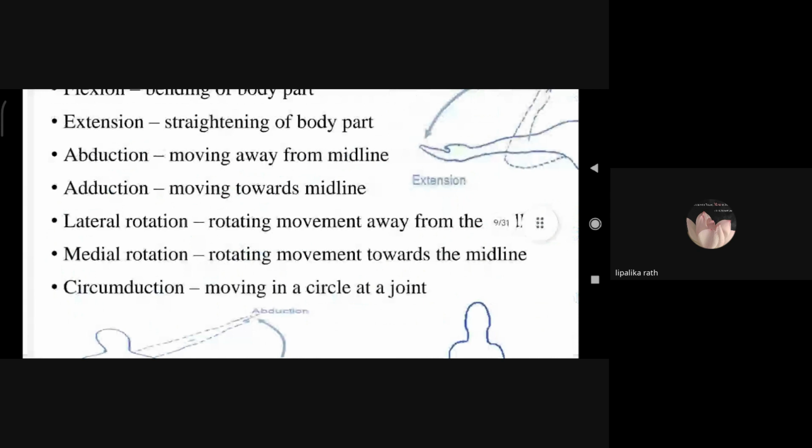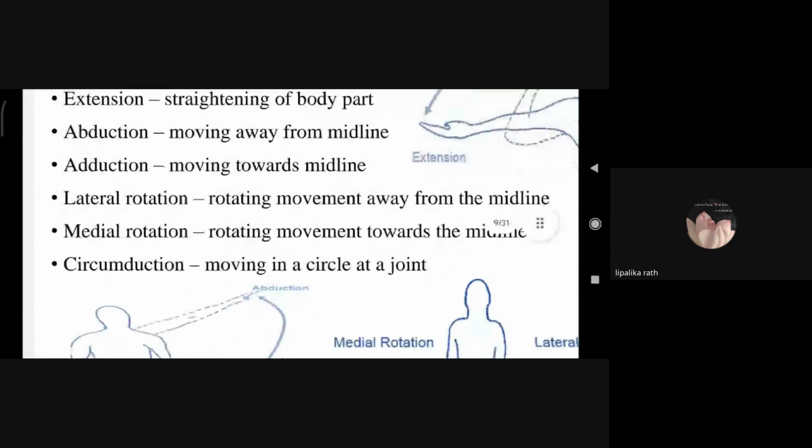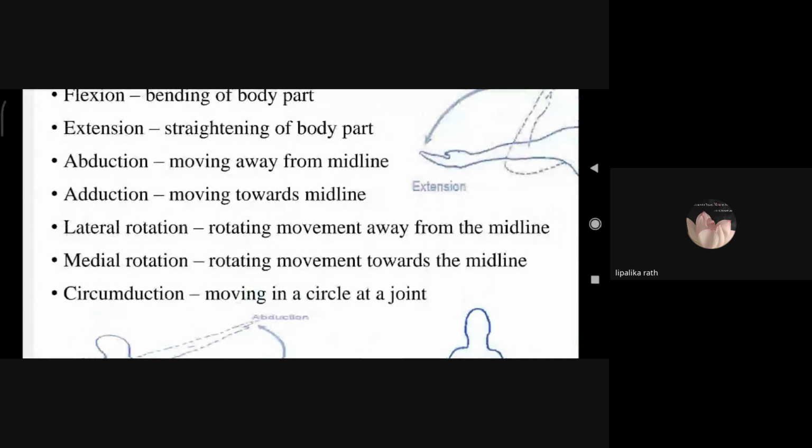Next is lateral rotation. We have already learned this. Rotating movement away from the midline. So lateral and medial are rotations, and abduction and adduction are just straight movements.